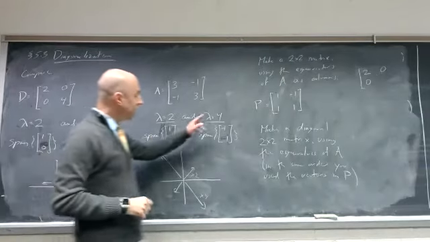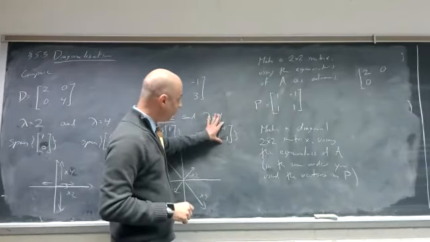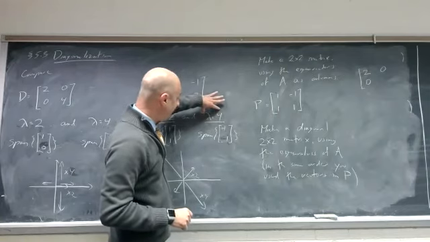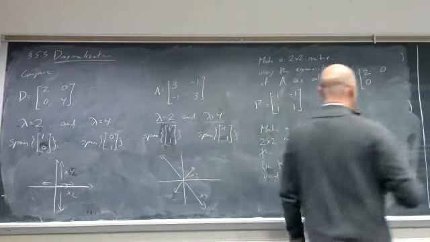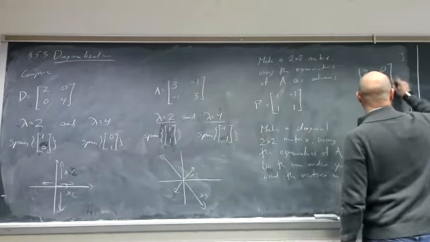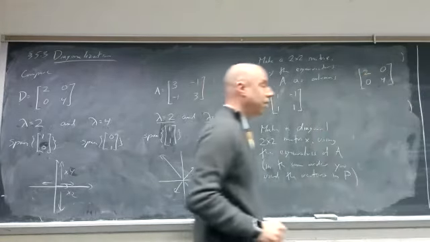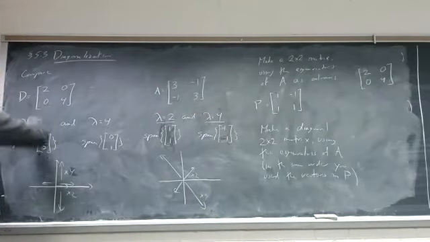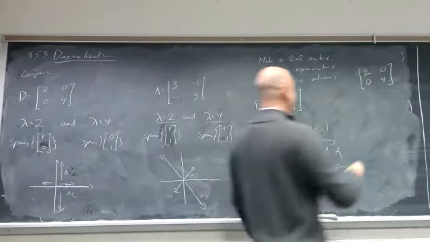Since this was the second eigenvector I used in P, I'm going to use its eigenvalue as my second diagonal entry, so that'll be a 4. Well, that looks familiar. That's this. I'm going to call this D, D for diagonal.